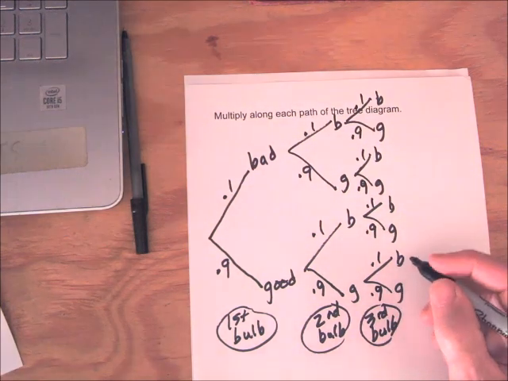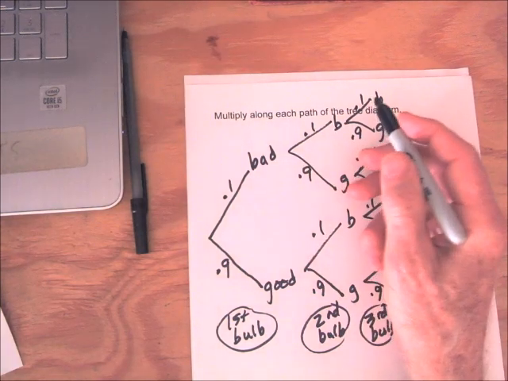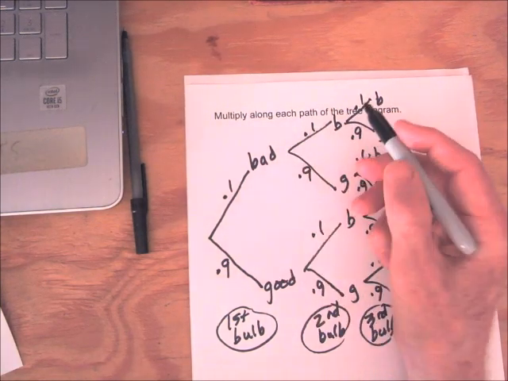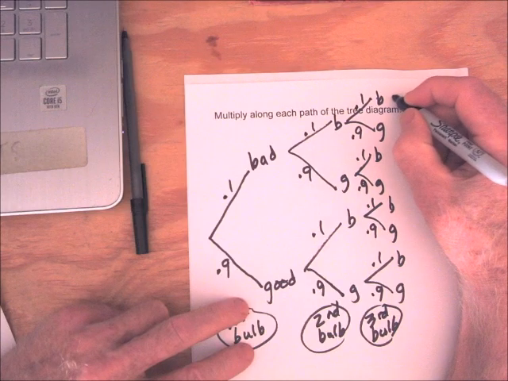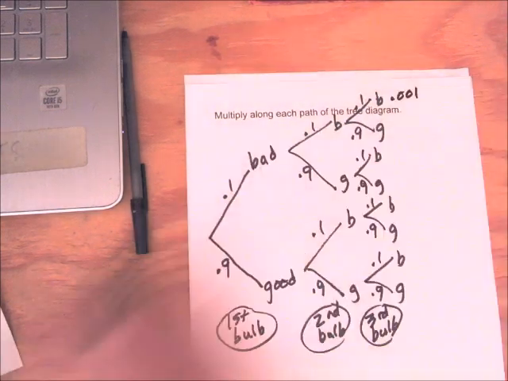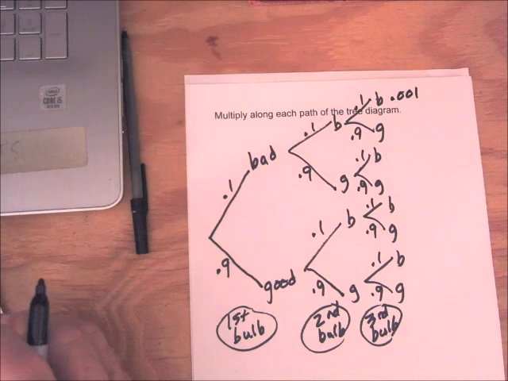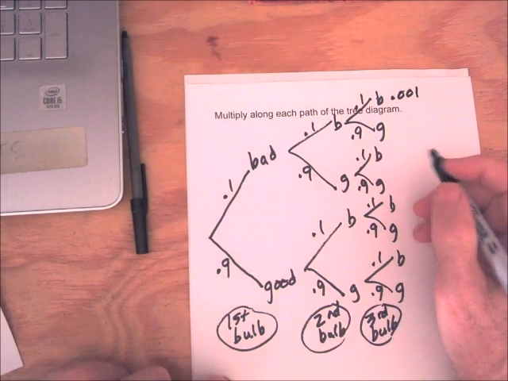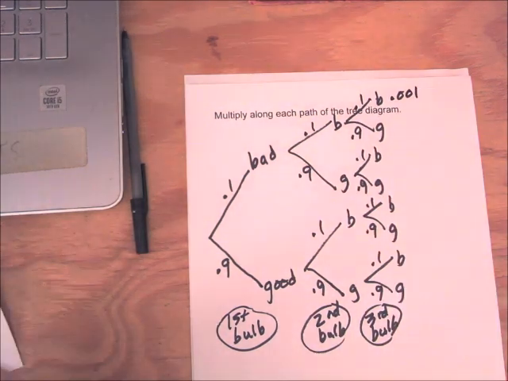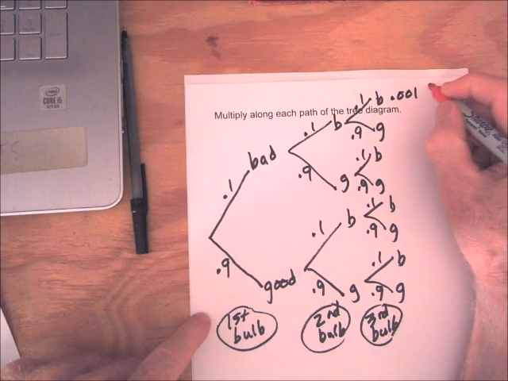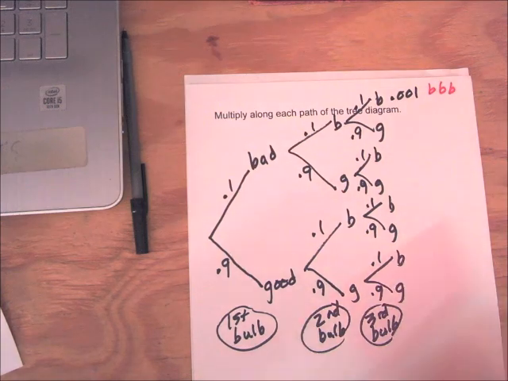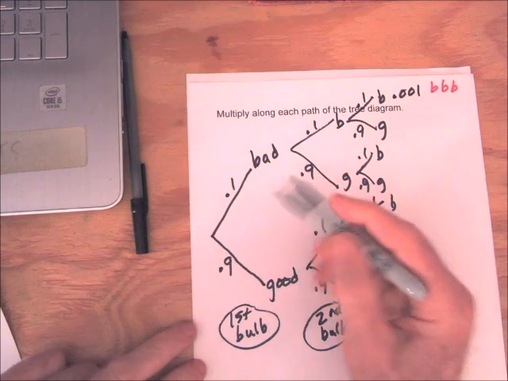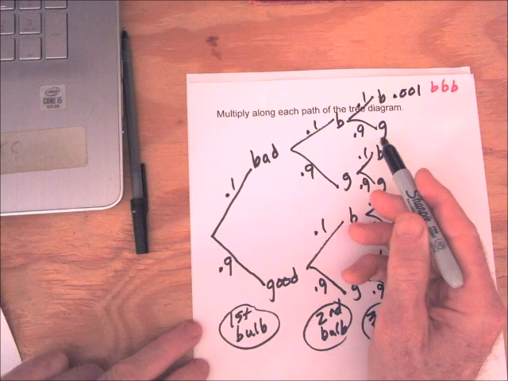So if we multiply 1 times 1 times 1 is 1, and we have 3 digits to the right of the decimal. So 0.1 times 0.1 times 0.1 is going to be 0.001, and that would be all three are bad. B, B, B. And then the next path, 0.1 times 0.1 times 0.9.